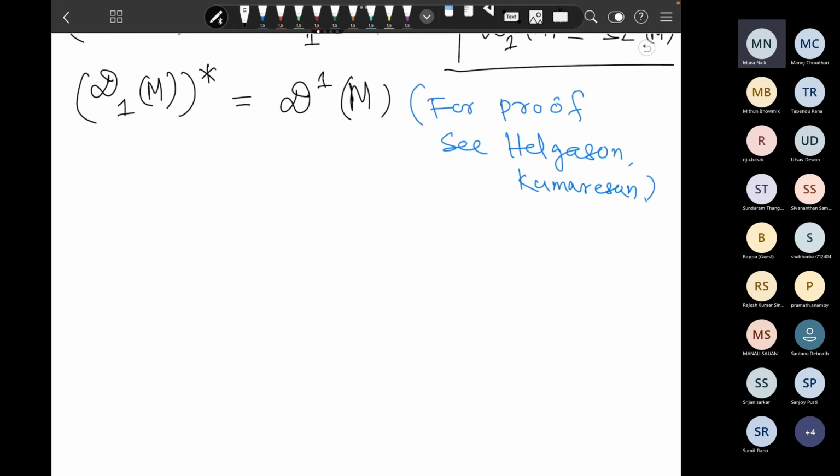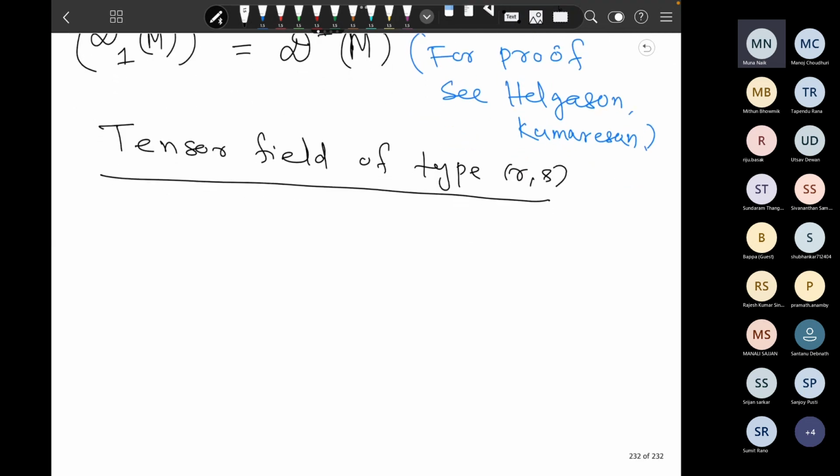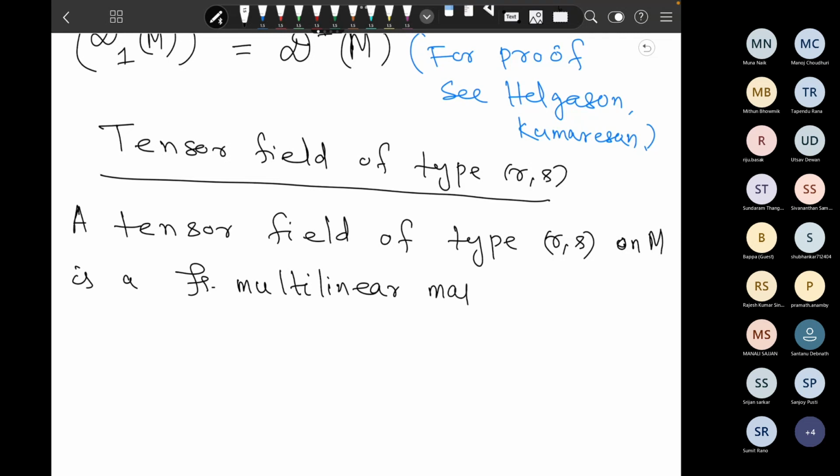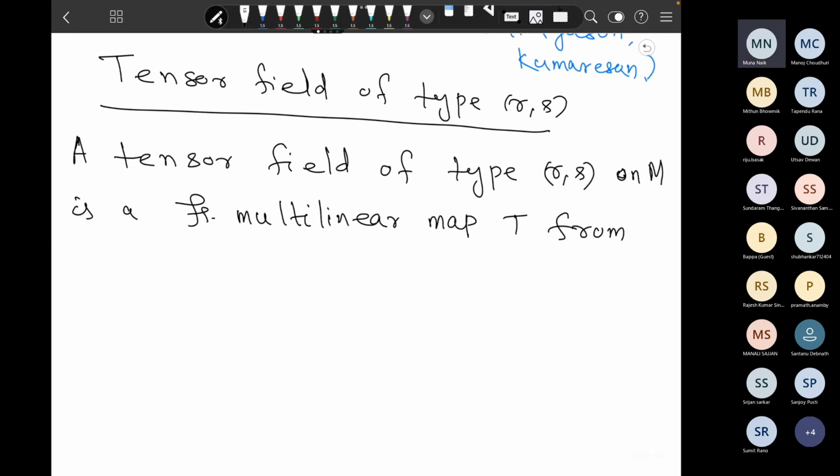Now we want to define something called a tensor field of type R, S. A tensor field of type R, S on M is an F multilinear map T from, I will take first, D1M, D1M, D1M, this is R times.